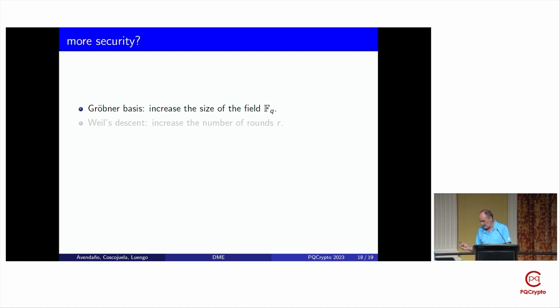For instance, we have some concern about Gröbner basis. Then the solution is just to increase the size. You see that the security is proportional to the size, so it needs a very easy solution. And the same happens for some Weil descent attack.